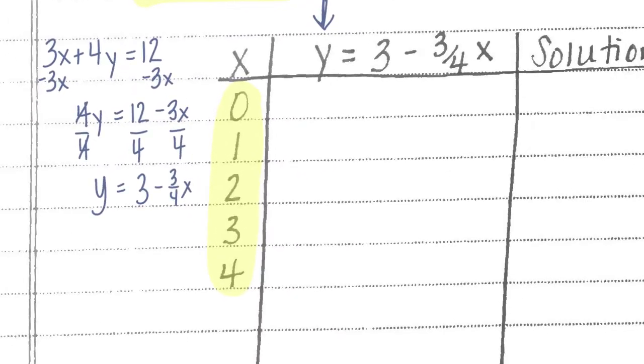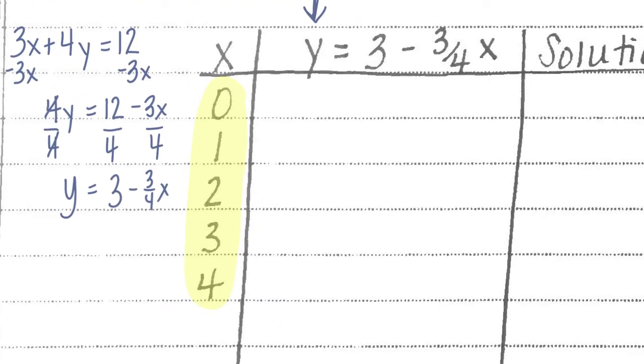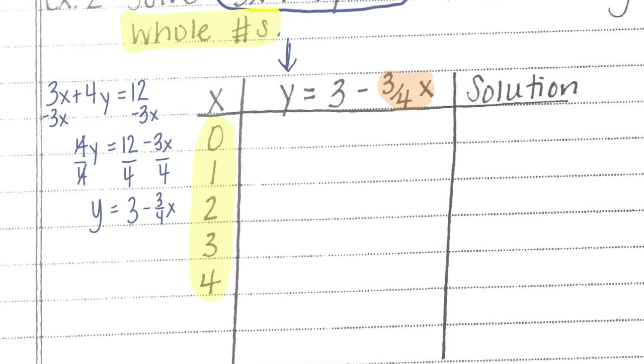And what I did is I built this chart. So I have a column for x, but if you notice, right here, I have 3/4 x. So I know that in order for this to be a whole number, remember it did ask us to have whole numbers, I have to have numbers that are divisible by 4.